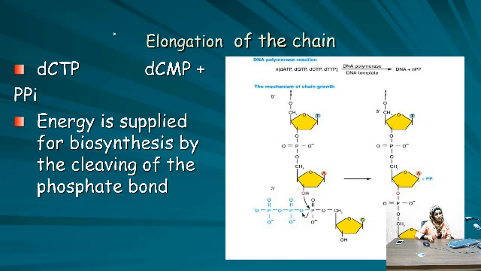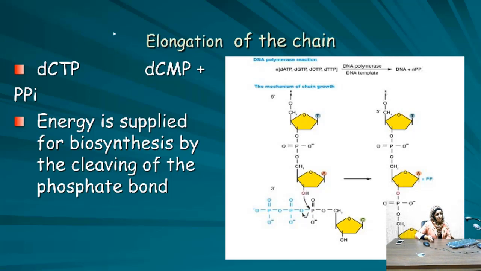And this figure shows the DNA polymerase reaction, which uses the 4 types of nucleotides: deoxyadenosine triphosphate, deoxyguanosine triphosphate, deoxycytosine triphosphate, and deoxythymine triphosphate.